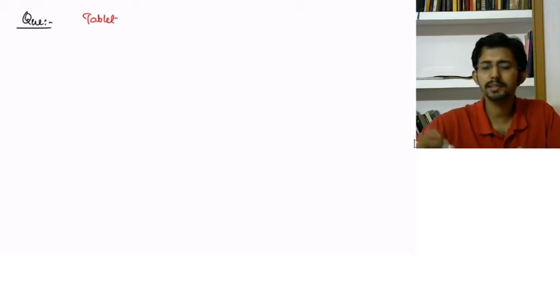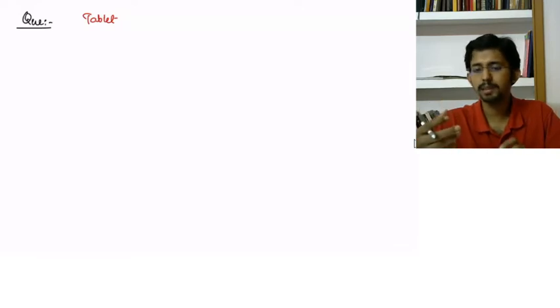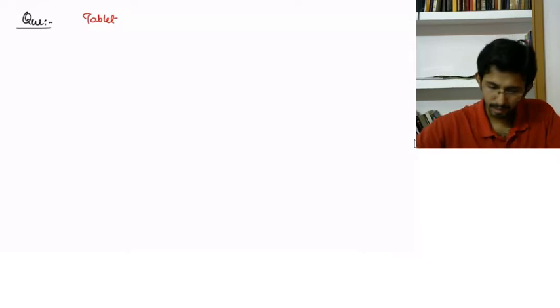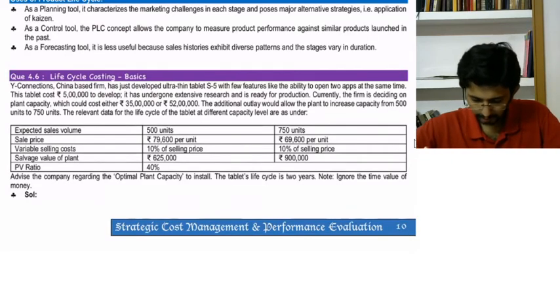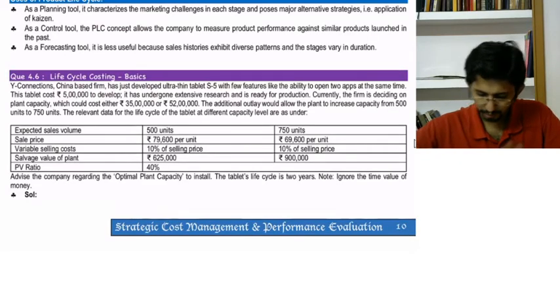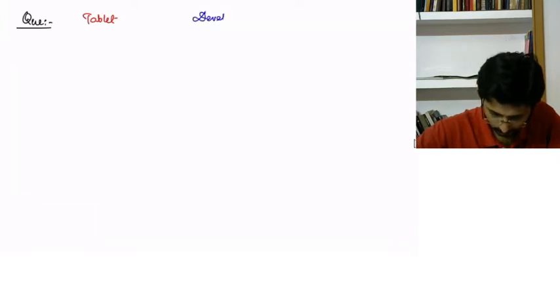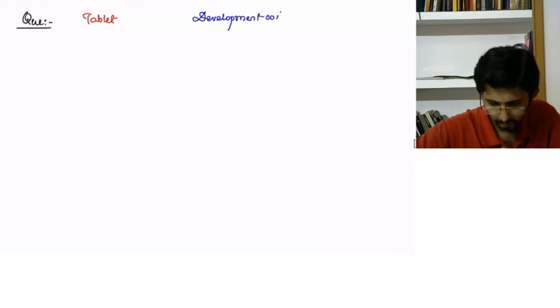Some features are there with the tablet. Okay, ultra thin tablet which will enable the tablet to open two apps at the same time. Okay, then going forward, the tablet cost rupees 5 lakh to develop. So the development cost, what is the development cost?